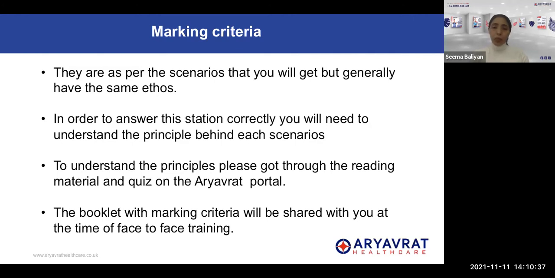You will see that there is reading material on every topic, and there is a quiz with regards to all of the topics that is going to help you prepare better as background knowledge for that particular subject. A booklet with the marking criteria will be shared with you at the time of face-to-face training, which is again going to help and prompt you to understand it better and to be able to attempt this scenario in a much more confident way.